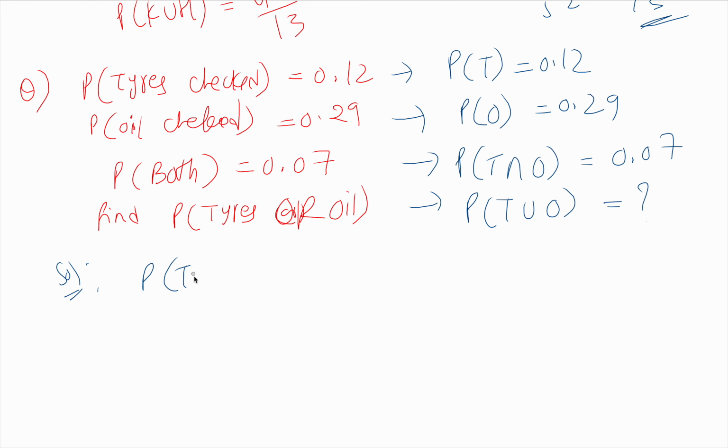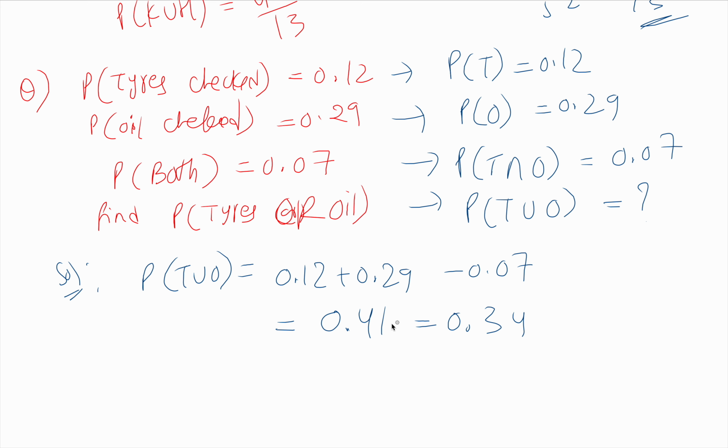Simply we use the formula: 0.12 plus 0.29 minus 0.07. Let me calculate. 0.12 plus 0.29 is equal to 0.41, minus 0.07, we get 0.34.